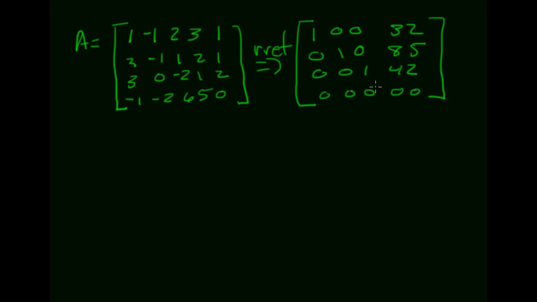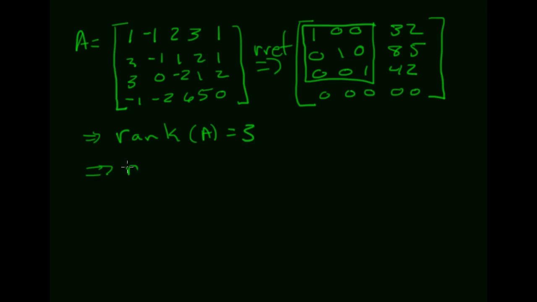Okay, so if I look here, I've got this 3 by 3 identity going on there, so that tells me that the rank of A is 3. This means that the nullity of A has to be 5 minus 3, or 2, which is these last two columns.